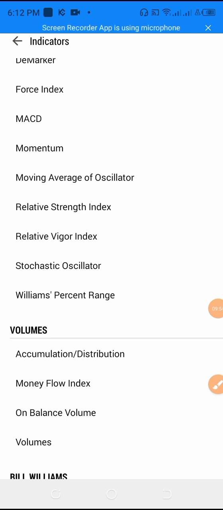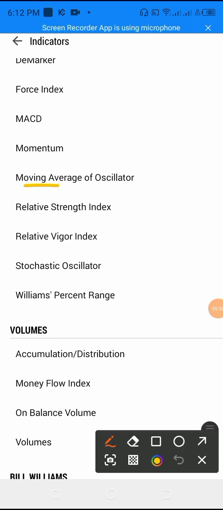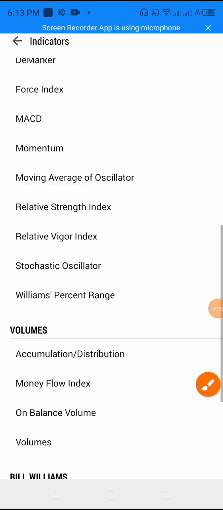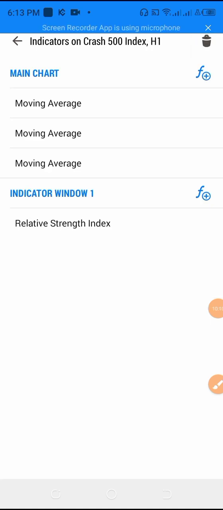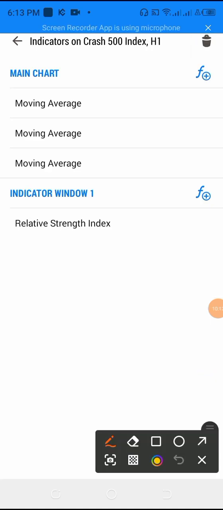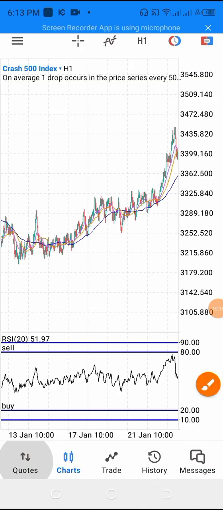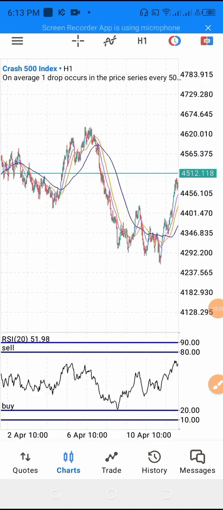You click on it and look at the parameters. The period is 20, apply to close, 1 pixel, and the color is black. Click on save. So it's appearing under the indicator window. We go back to our chart and you see that the chart has changed.